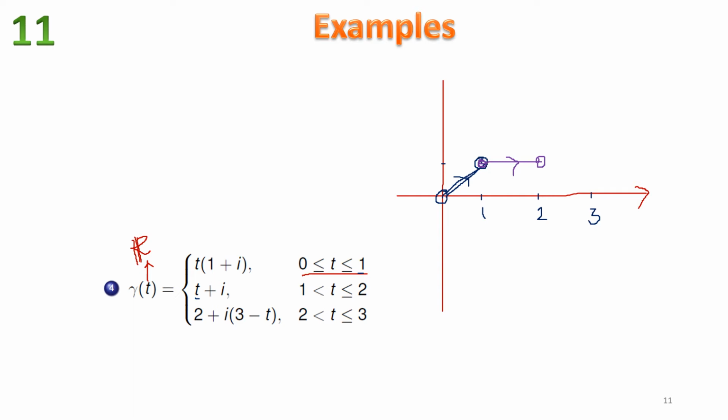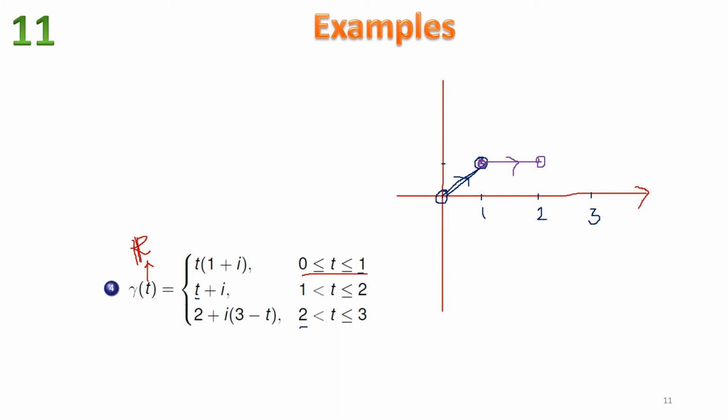Now in the third segment, where t is rolling between 2 and 3, we have gamma of t equal to 2 plus i times (3 minus t). So at the initial point t equal to 2, 3 minus 2 is 1, so 2 plus i.